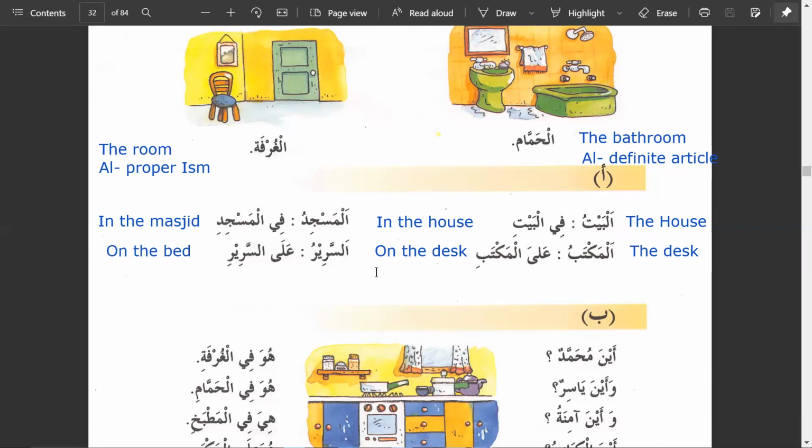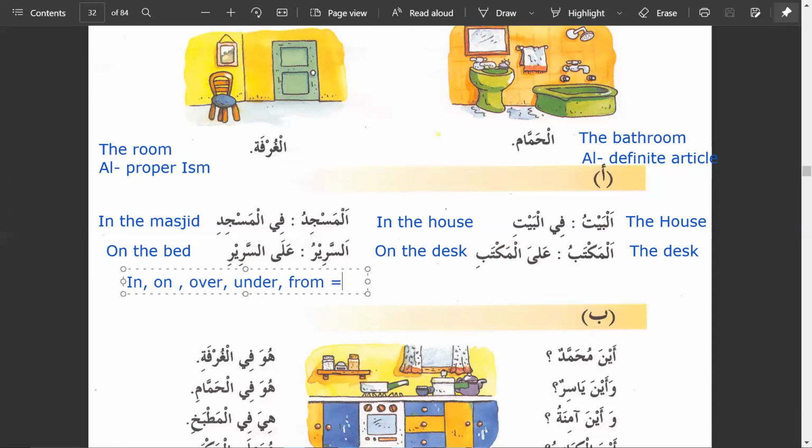Okay, good. So let me write some: in, on, over, under, from. These are which kind of word? In English, what are these words? In, on, over, under, off, to.